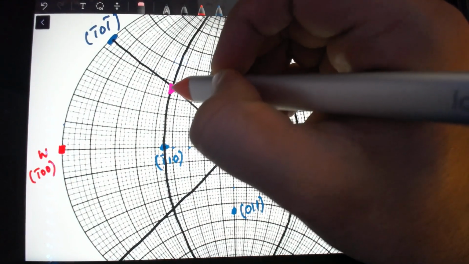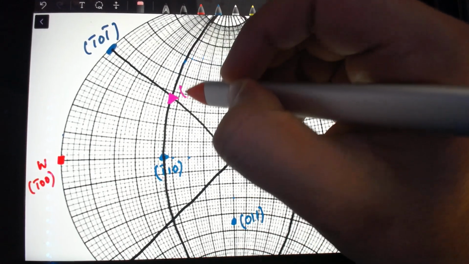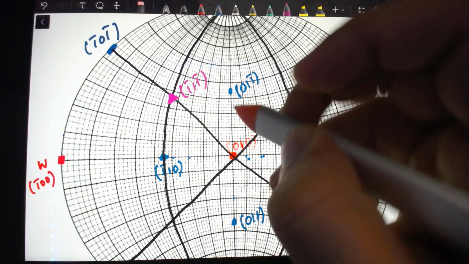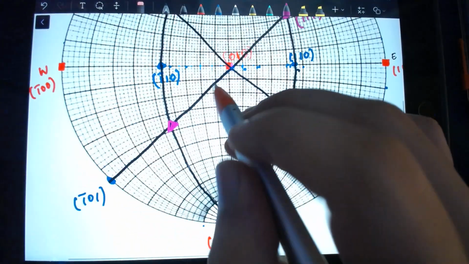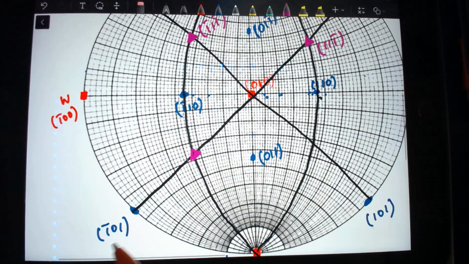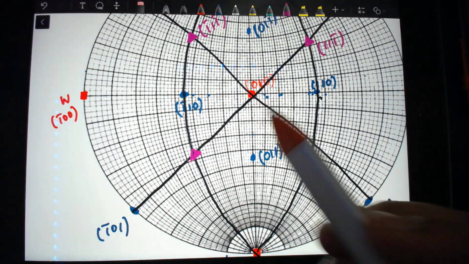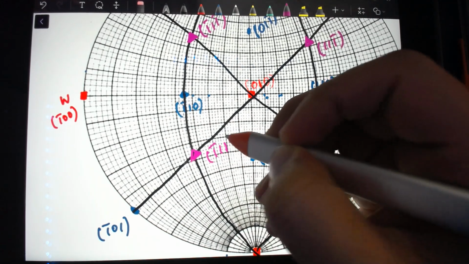The next one on the left hand side, the center and the outside sums up and gives you bar 1, 1, bar 1. The one on the left and the bottom half of this Wulff net will give you the sum of bar 1, 0, 1 with 0, 1, 0. We are doing a vector sum. So this just becomes bar 1, 1, 1.